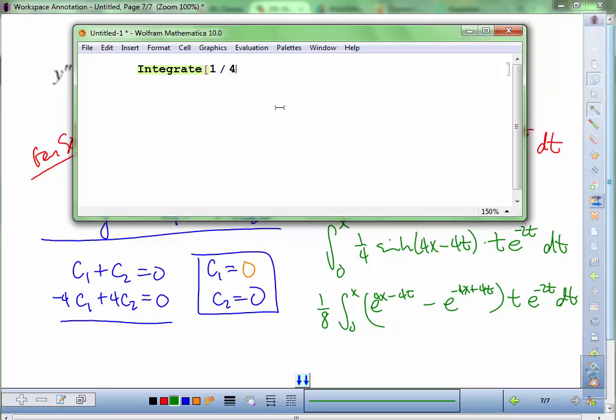So the exponent is negative 2t. And we want to integrate with respect to t, and we're going to go from 0 to x.